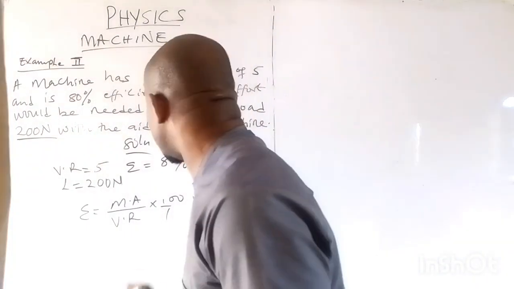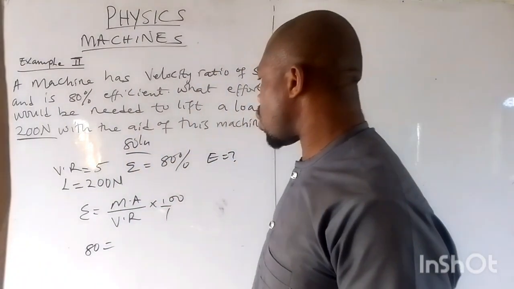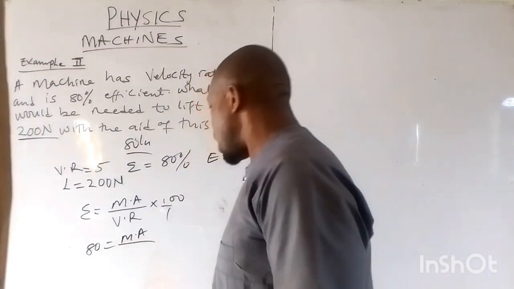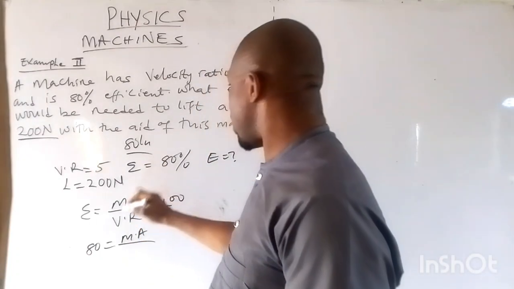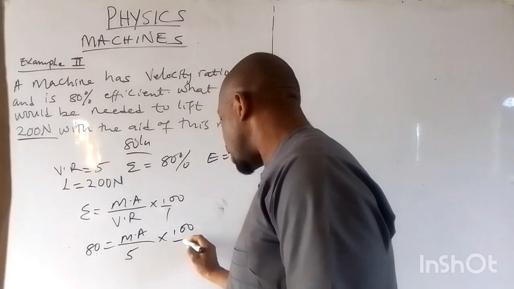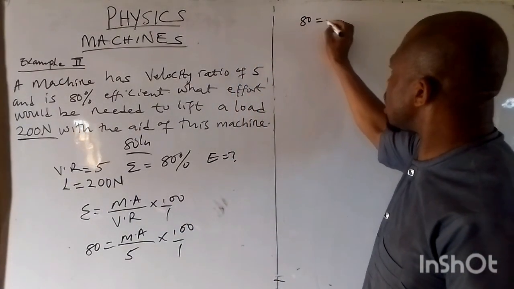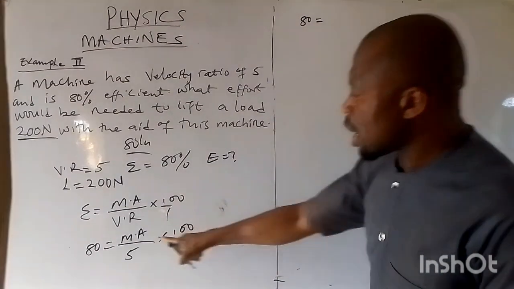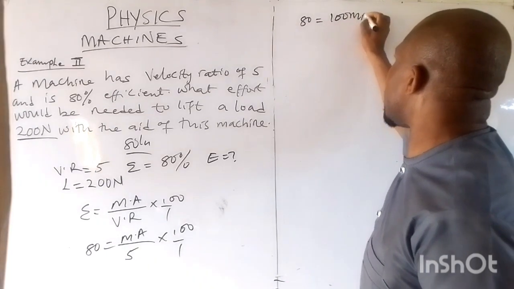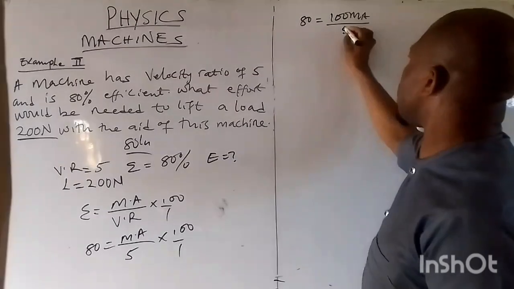Now, the efficiency is 80%. 80 is equal to MA over VR. Let us get MA first. VR is 5 times 100 over 1, which will give us 80 is equal to MA times 100 will give us 100 MA, all of that, 5 times 1 will give us 5.